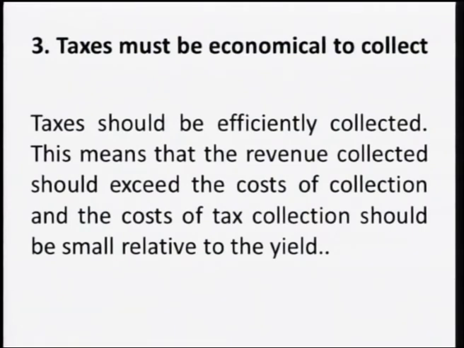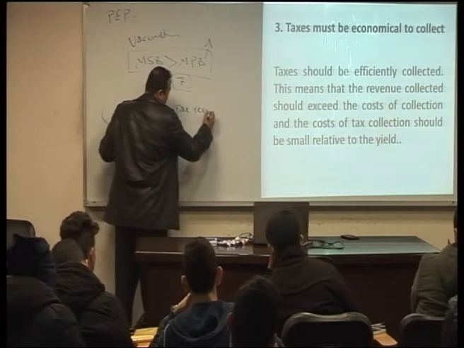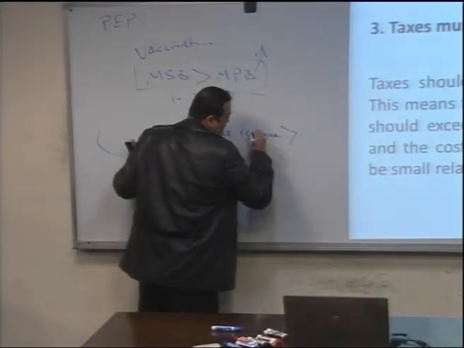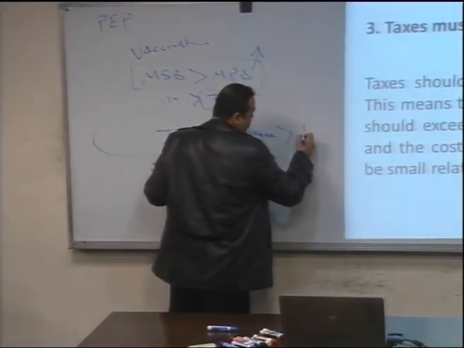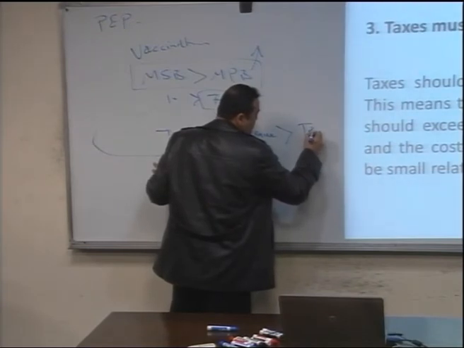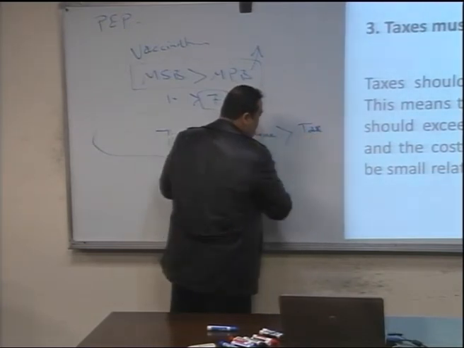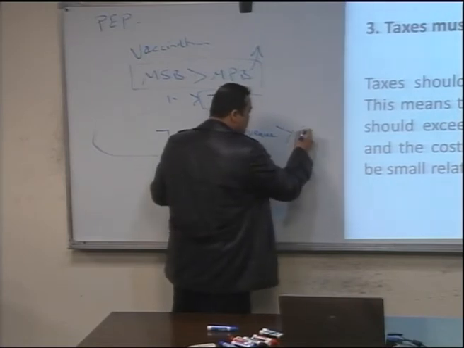Taxes must be economical to collect. This means that the total tax revenue of the government is bigger than the tax collection cost.